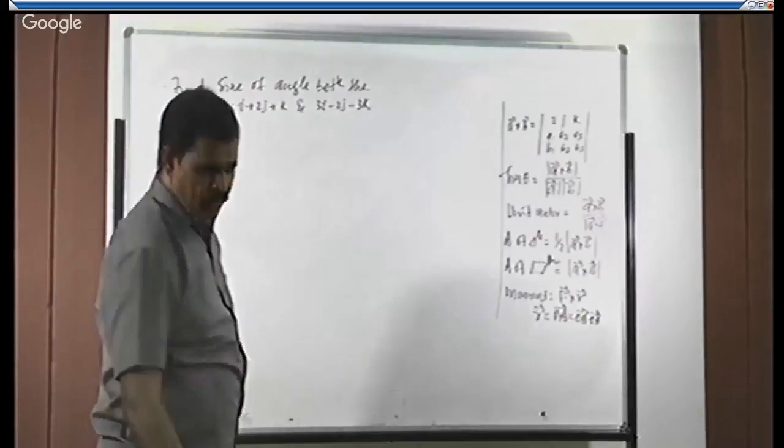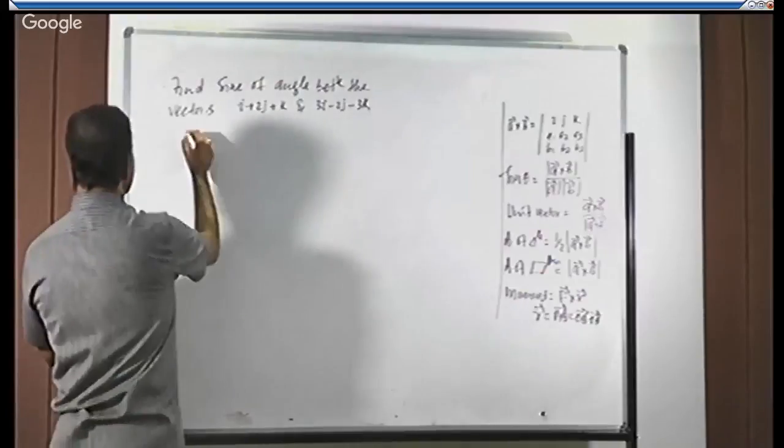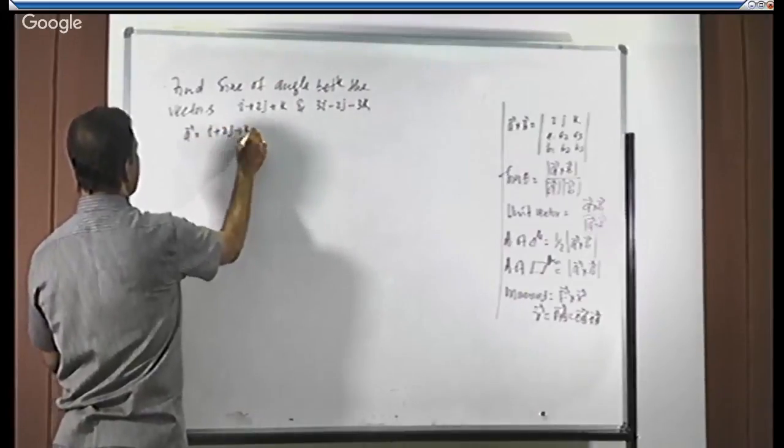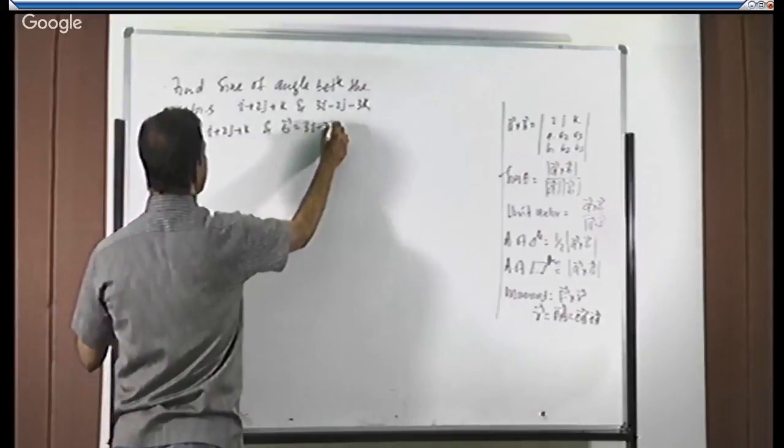There are two vectors. You take them as A and B. The vector A is equal to i plus 2j plus k and B is equal to 3i minus 2j minus 3k.